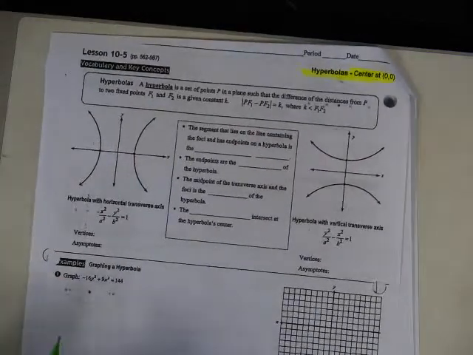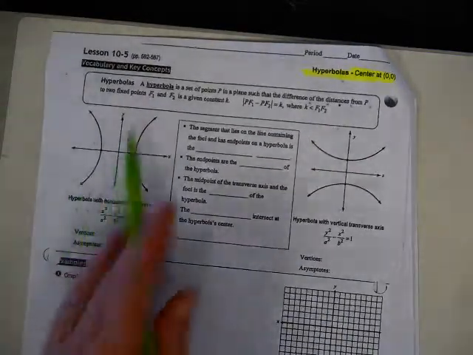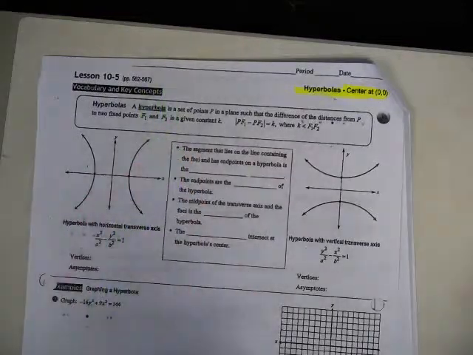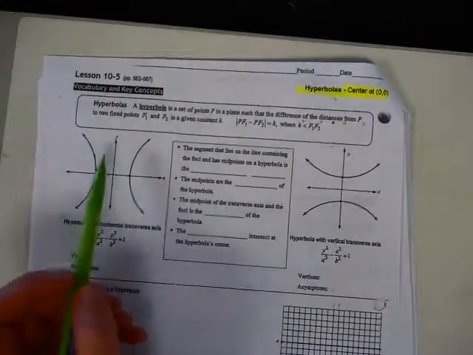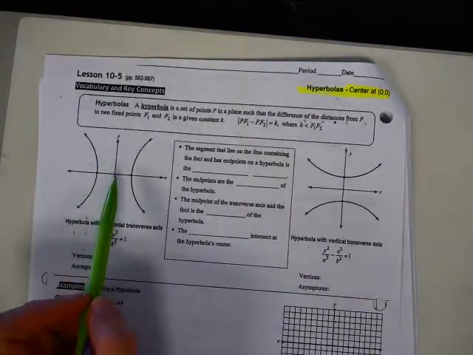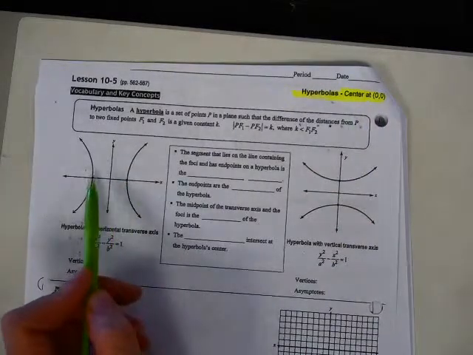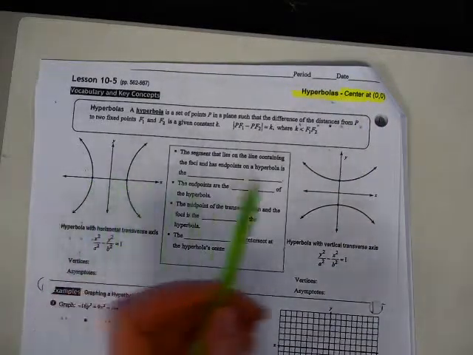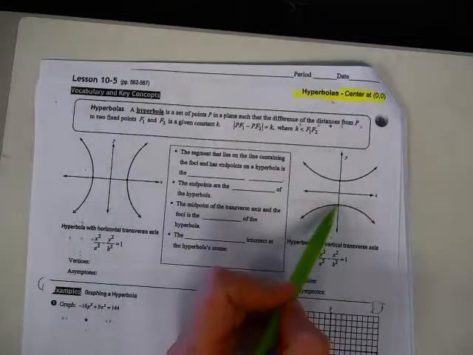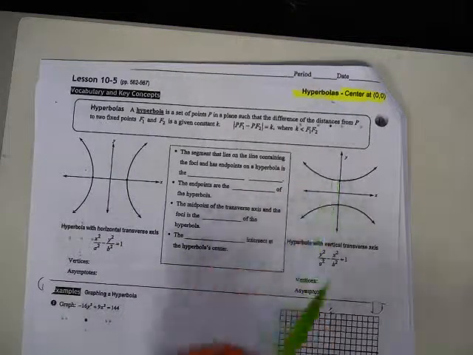Okay, so in a hyperbola, I'm just going to write a few things on top here. A is still the distance from center to vertex. And in these hyperbolas, this is the center for this lesson, and these are your vertices. So center, vertex, vertex.